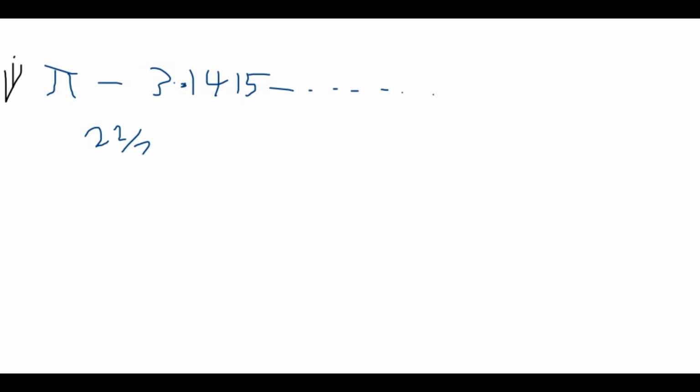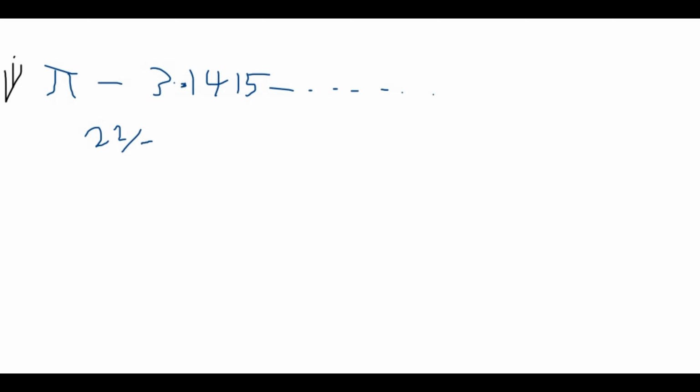So how come it's an irrational number? Well, you see, 22 over 7 is like an approximated form of pi. And since pi itself is not a fraction, therefore pi is an irrational number.